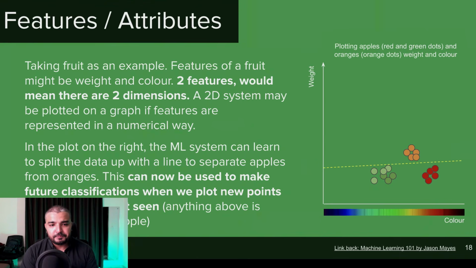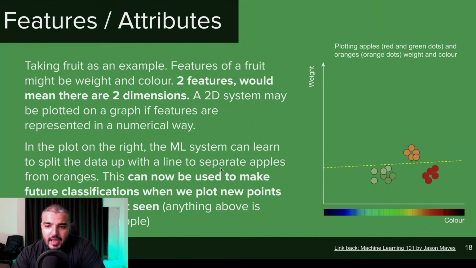So in the plot on the right, the ML system can learn to split the data up with a line to separate the apples and oranges. So this can now be used to make future classifications when we plot new points to the system.